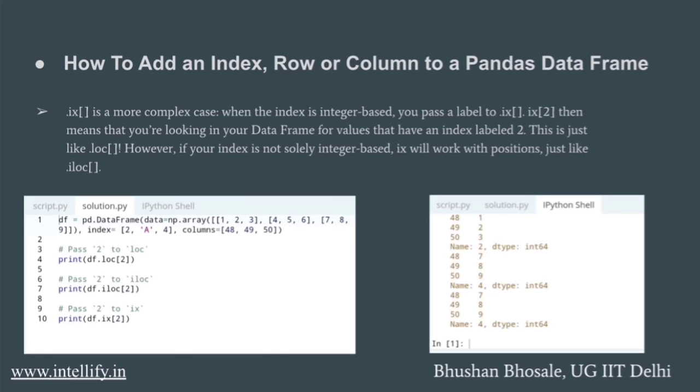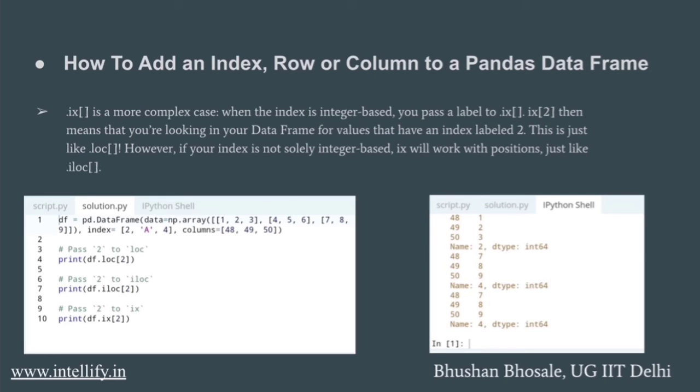df.loc[2]: the index 2 that is set by us will be accessed, and so the columns that will be represented are 1 2 3.